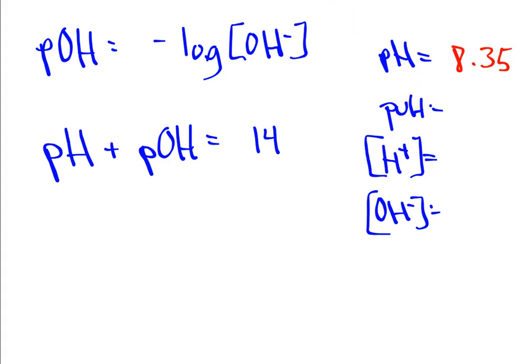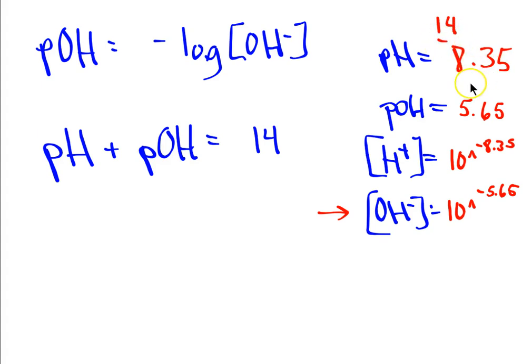See if you can solve for the rest of them. So the pH was 8.35. That makes the pOH just 14 minus this, which was 5.65. Did I do that math in my head right?